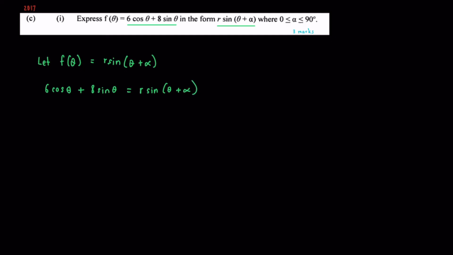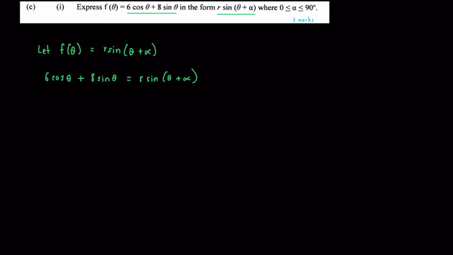Now, what do we know? We can see that on the right-hand side we have sine of theta plus alpha, and what do we have here? We could use the compound angle formula for that. So let's do that. First of all, let's recall the compound angle formula for sine of A plus B. Alright, so now let's expand it.